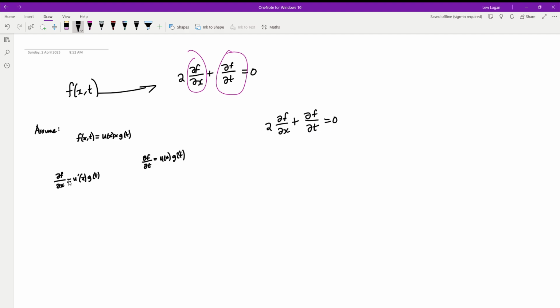The partial derivative of f with respect to x is going to be 2 multiplied by u dash of x multiplied by g of t, plus the partial derivative of f with respect to t, which is u of x multiplied by g prime of t, equal to 0. And we can just simplify this, so u and g of t.